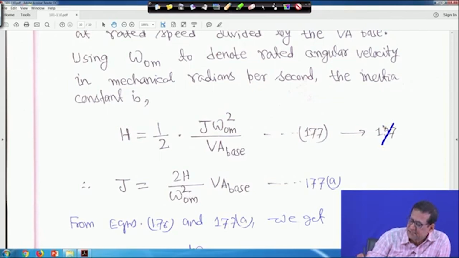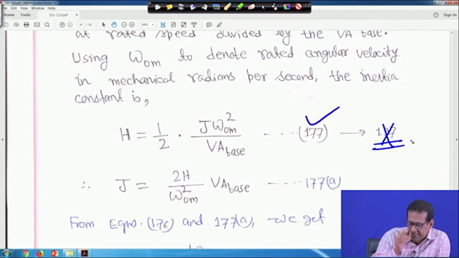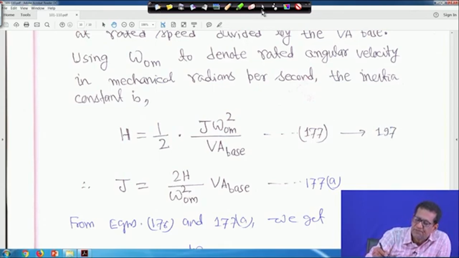This is equation 177. So, H is equal to half J omega 0m square upon volt ampere base, because half J omega 0m square is the kinetic energy, divided by the volt ampere base. From this equation, J is equal to 2H upon omega 0m square into volt ampere base.